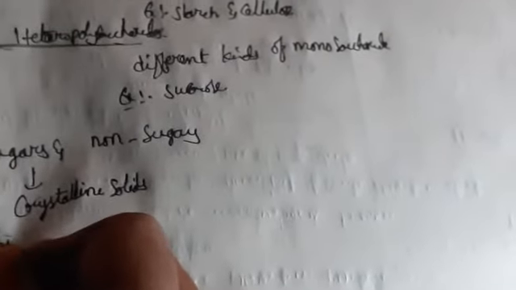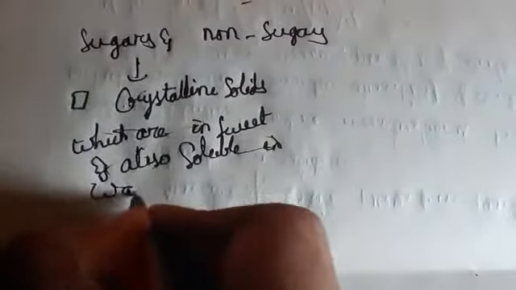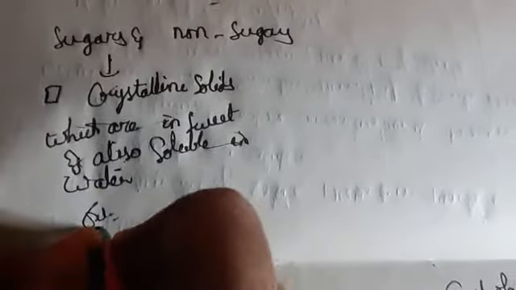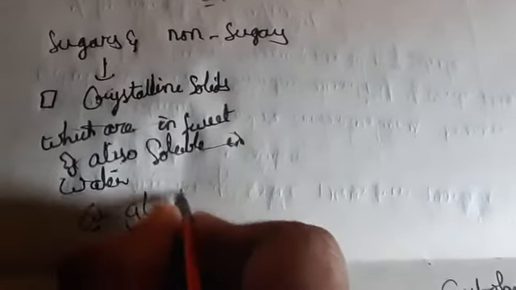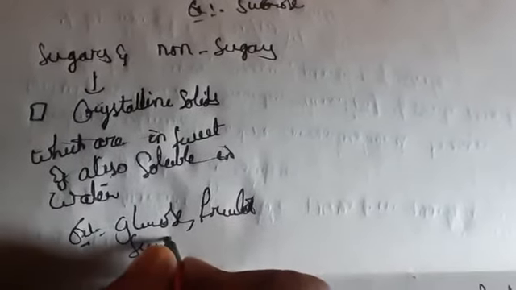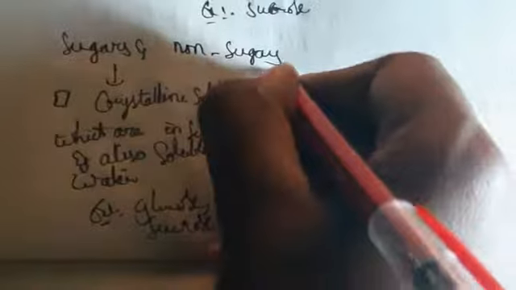which are sweet, and also soluble in water, we call it as sugars. Example will be here glucose, fructose and sucrose. These are the examples of the sugars. Coming to non-sugars, here what? These are amorphous. Means what here?